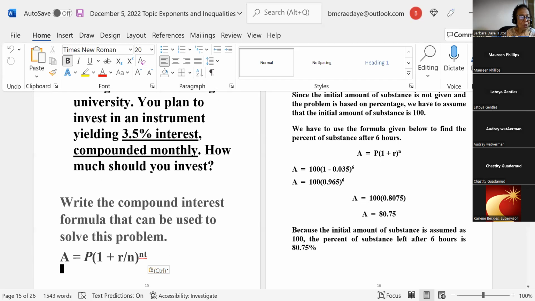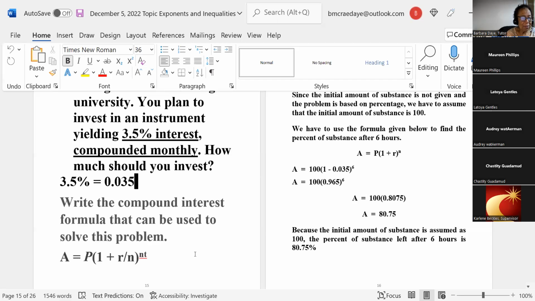Maureen, what would 3.5% be as a decimal? 0.035. That's right. So you got that. So that's going to be your R.